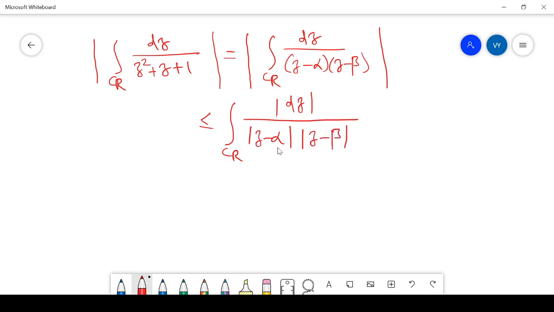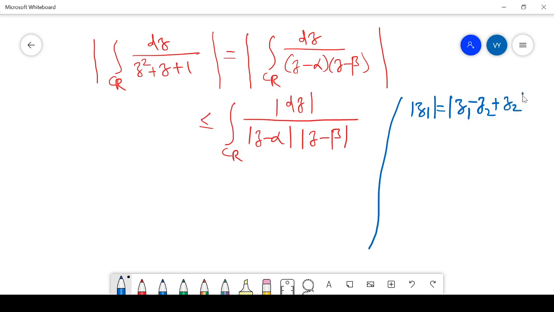You have a theorem: modulus of integral f of z dz is less than or equal to integral of modulus of f of z. Now, in order to find the value, I use certain results here. Suppose I have mod z1, I can write this as mod of z1 minus z2 plus z2.